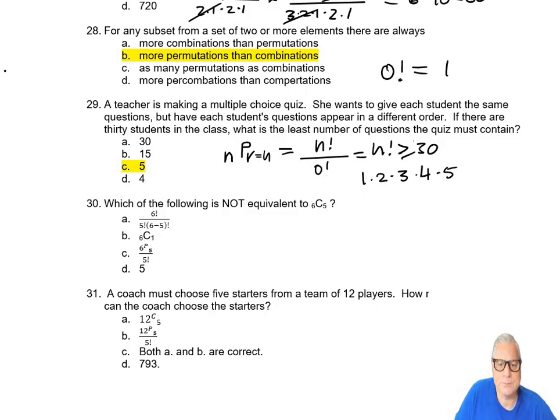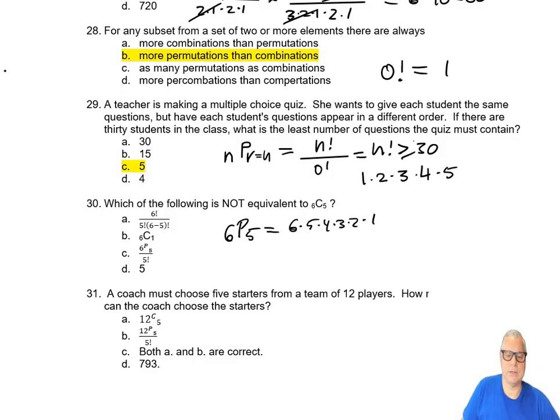This is 6 times 5 times 4 times 3 times 2 times 1, over n minus r, that's 6 minus 5, so that's 1 factorial, so there's only a 1, but we still divide by 5 factorial.